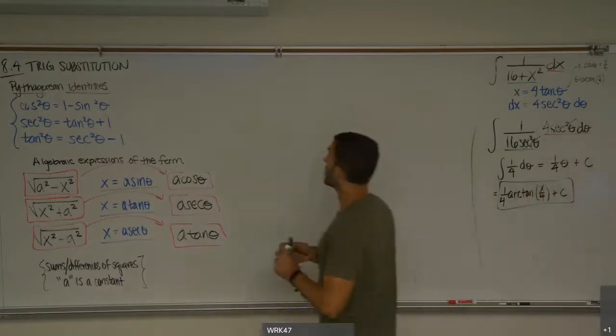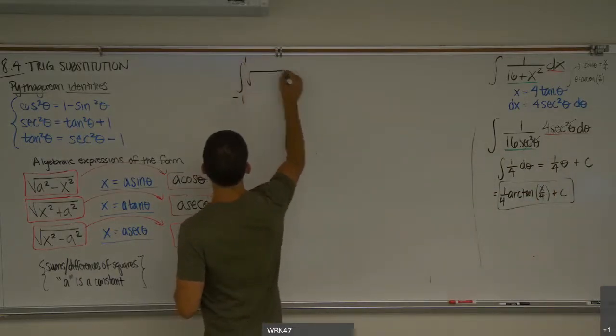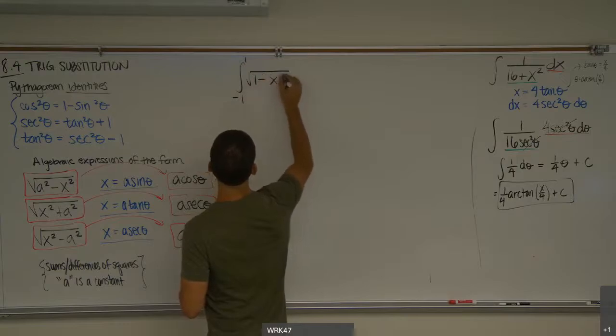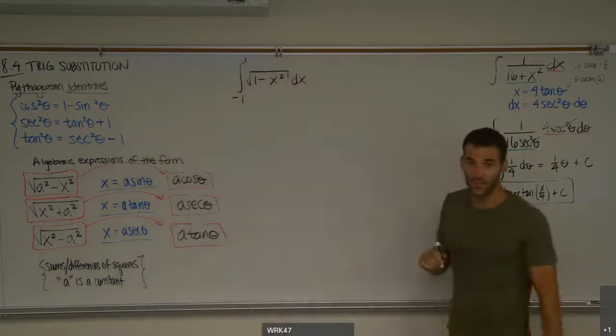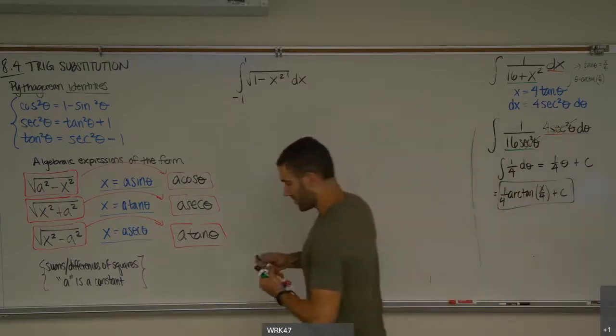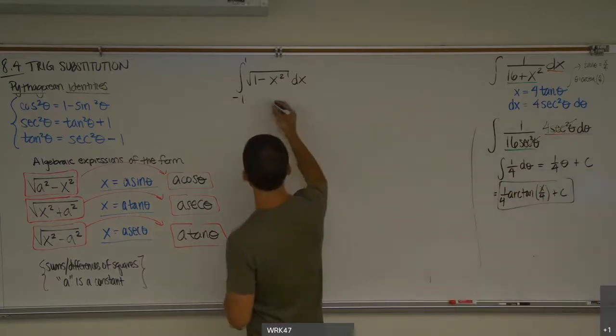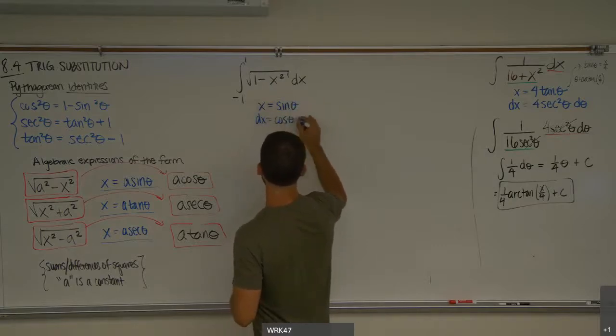So let's do one more. Let's evaluate between -1 and 1, the square root of 1 minus x squared dx. So similar to the first one we did, but now a definite integral. And so similar to the first one, remember the first one, x is going to be 1, a is 1 sine of theta. So dx is cosine of theta d theta.